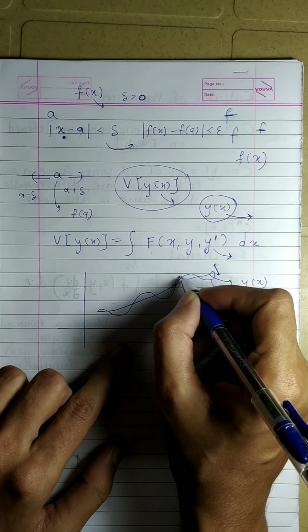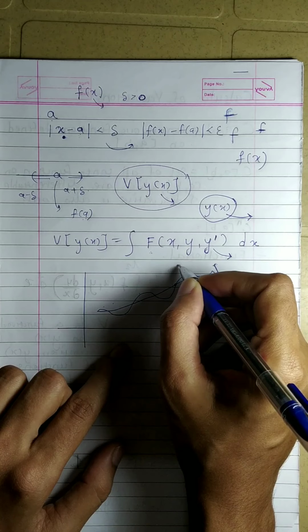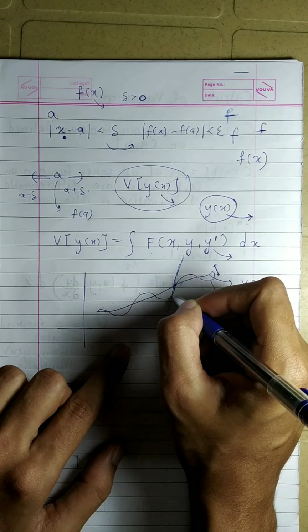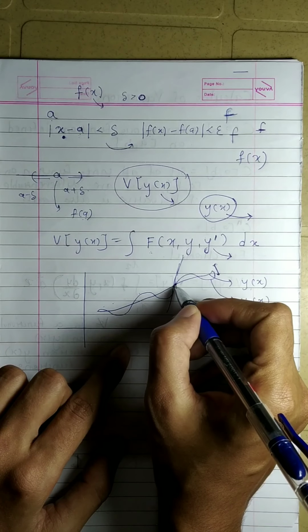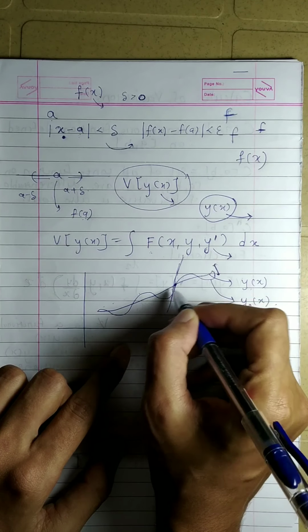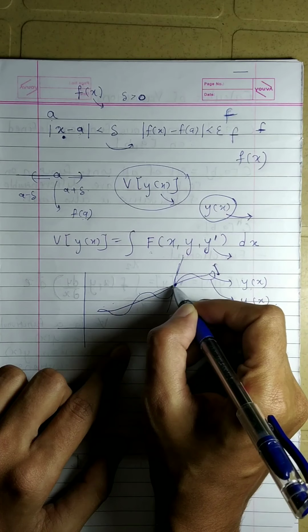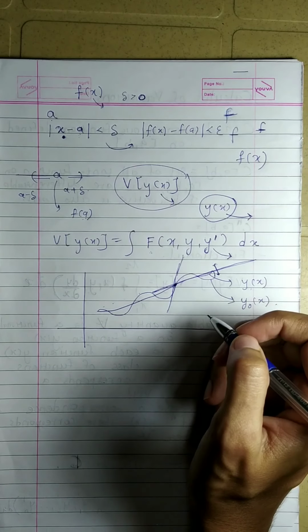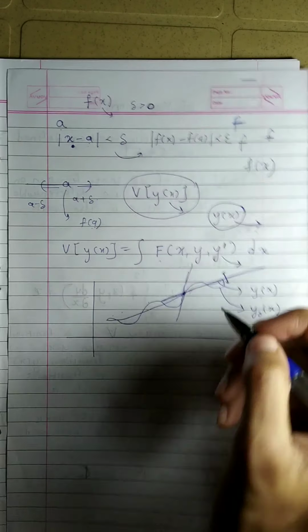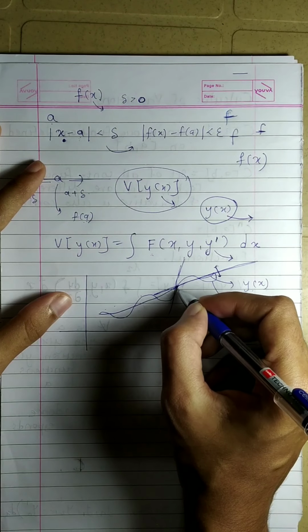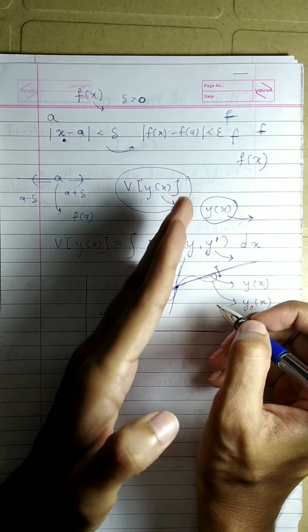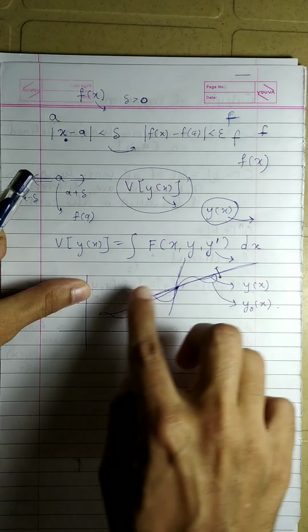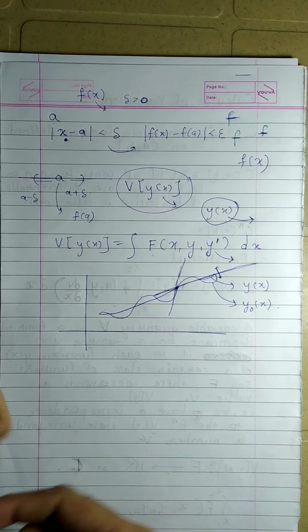so for this curve at this point the tangent will look like this. Okay, and for this curve, this y of x, at this point the tangent will be somewhat like this. The figure is not very appropriate, but see here, this is the curve, so tangent will be somewhat like this, and for this curve y of x the tangent will be like this. So there is a big difference there.